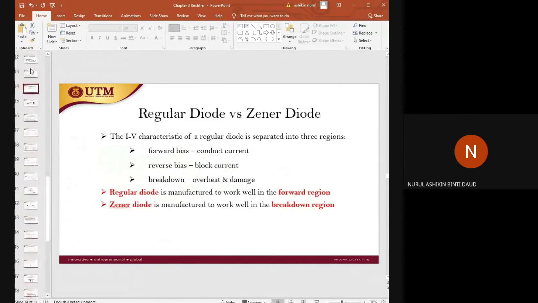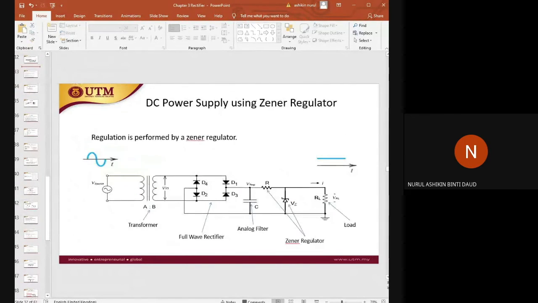Remember: power derating, how to calculate the impedance, all those basic knowledge about Zener.